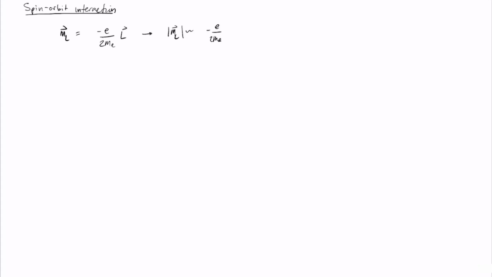And now to simplify the expression for the angular momentum, we can write it as the square root of the magnitude squared of the angular momentum. And now we know what the eigenvalues of L squared look like, and so we can use this to simplify. And so this then turns into minus e h bar divided by 2 m sub e times the square root of L times L plus 1.